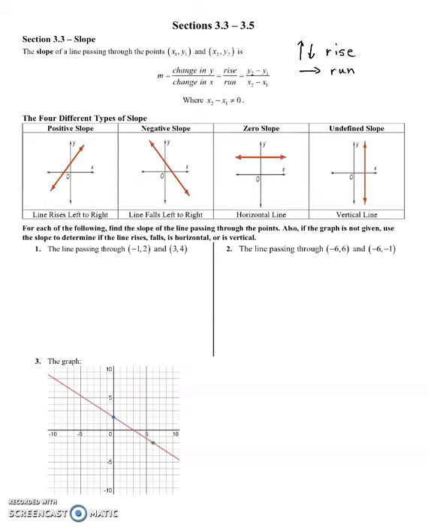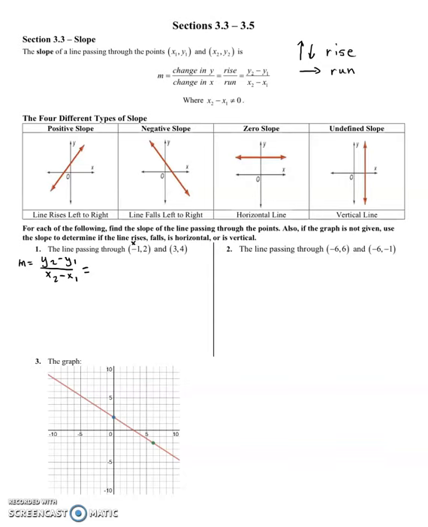So let's practice finding the slope. So let's find the slope of the line passing through -1, 2, and 3, 4. So we have m equals y2 minus y1 over x2 minus x1. Now, I label these points.